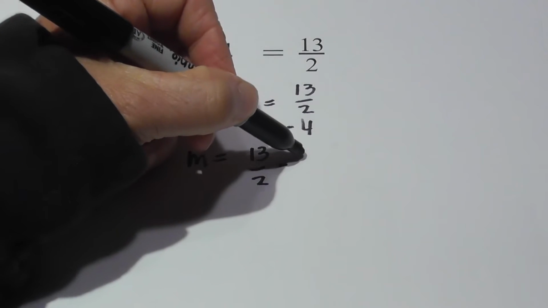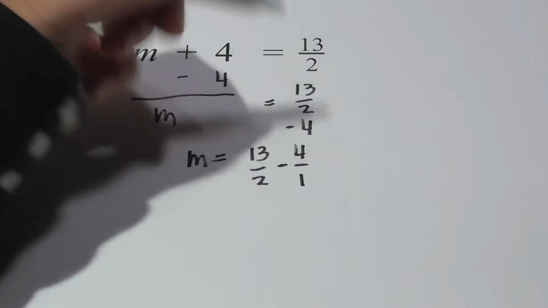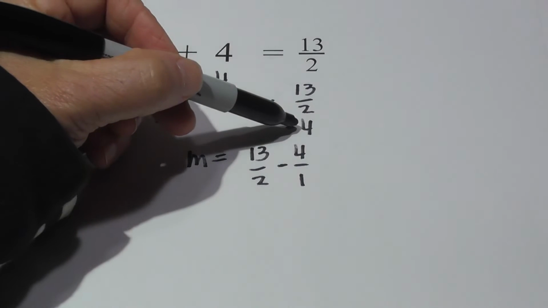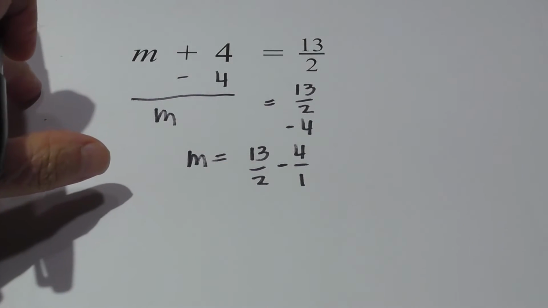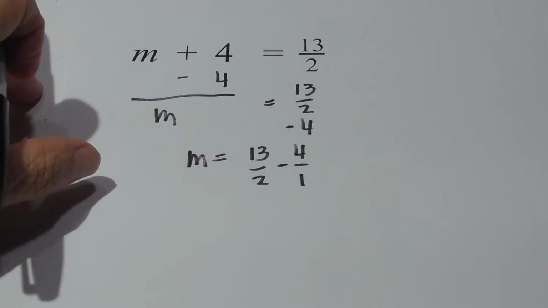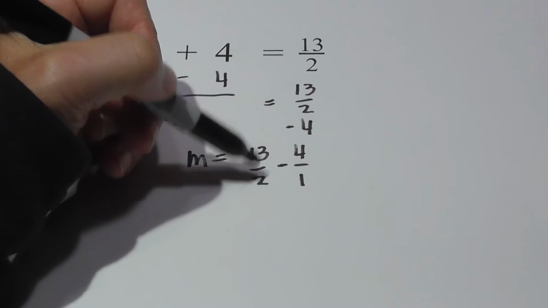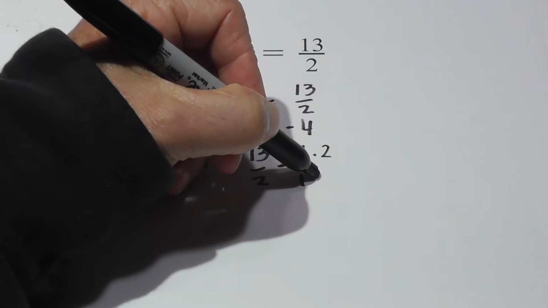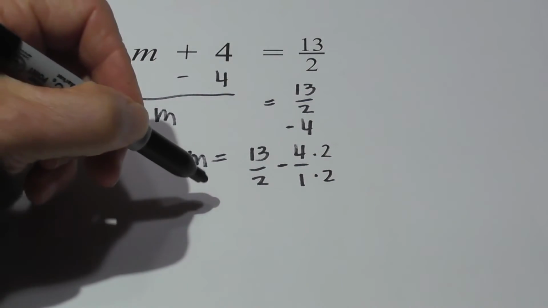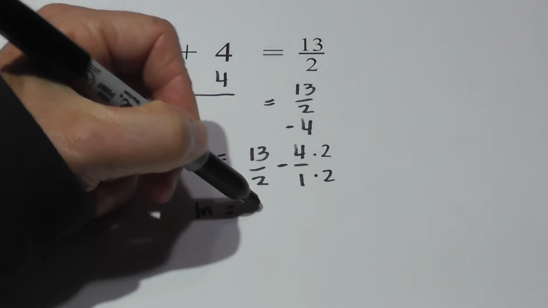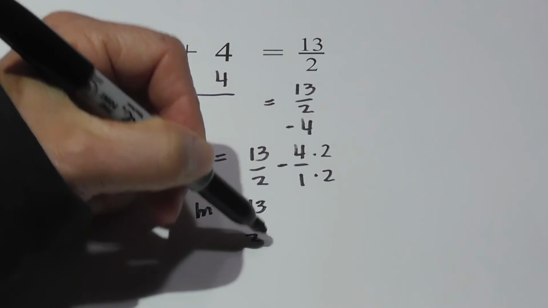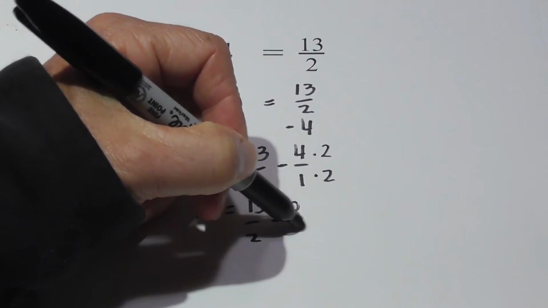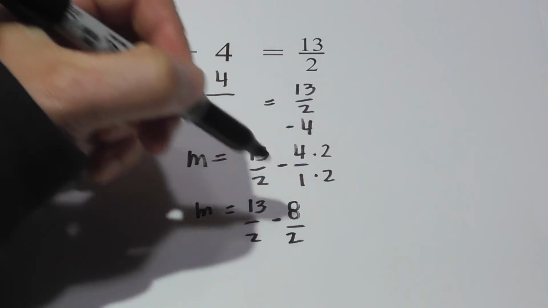13/2 minus 4 over 1. Because you can write negative 4 over 1. It's the same thing. So now what we need to do is find a common denominator, which is 2. So we'll multiply the numerator and the denominator by 2. So that gives us 13/2 minus 4 times 2 is 8, and 1 times 2 is 2.